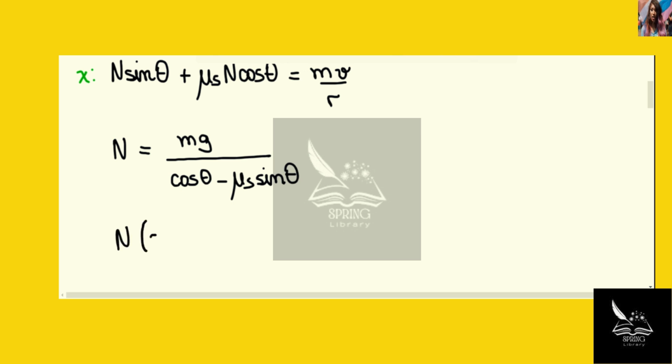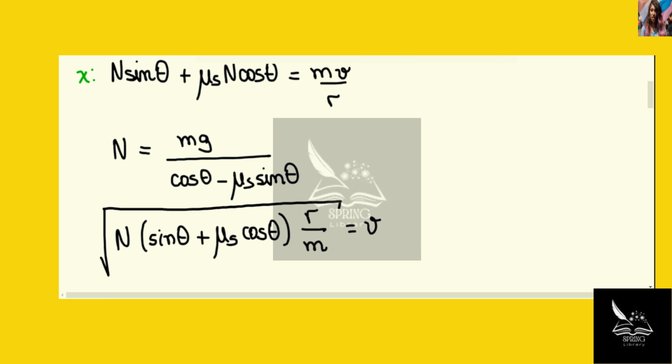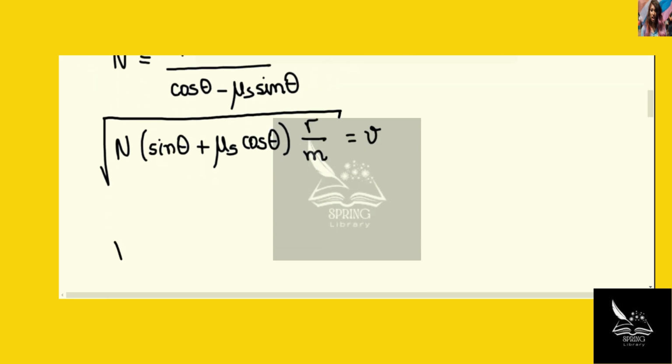So we have that the equation can be written as n times the sine of theta plus mu s cosine of theta times r divided by m is equal to v squared. So instead of writing v squared, I'm just going to take the square root on the other side of the equation. And now I can substitute the n. So n is mg.